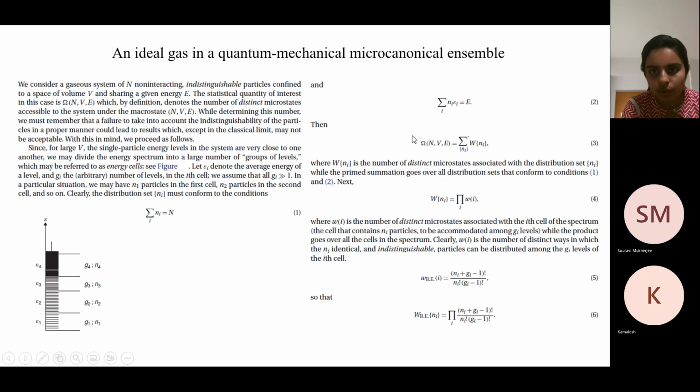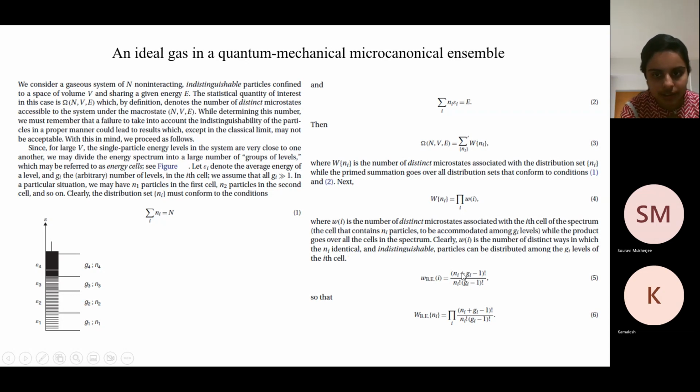What you want to find is omega, which is the summation over all the various distributions that correspond to this macrostate of the system specified by N, V, and E, where W_{n_i} is the number of distinct microstates associated with this particular distribution defined by the values n1, n2, n3, and so on. So W_{n_i} is the product of W_i, where W_i is the number of distinct microstates associated with the ith shell of the spectrum.